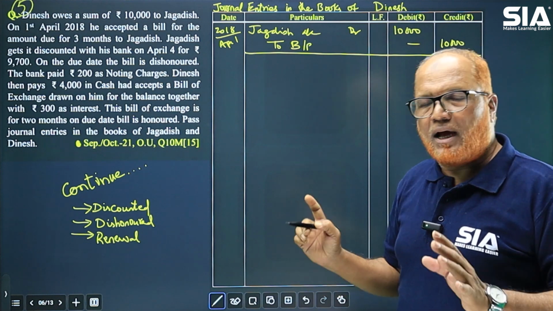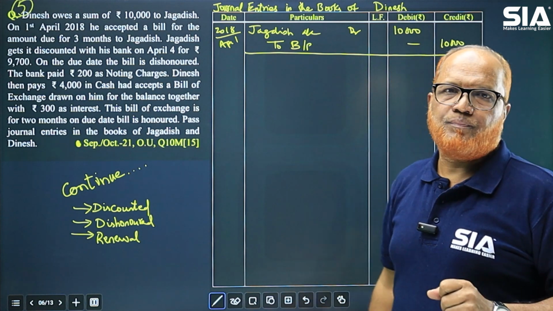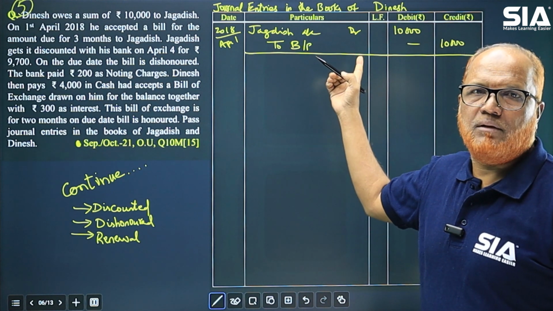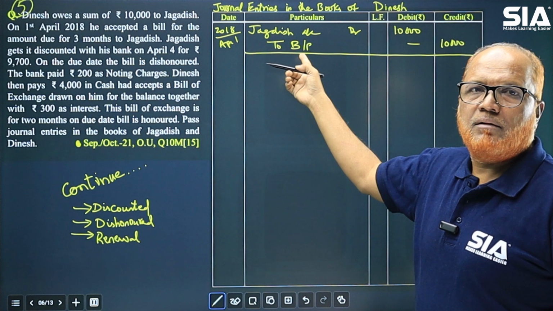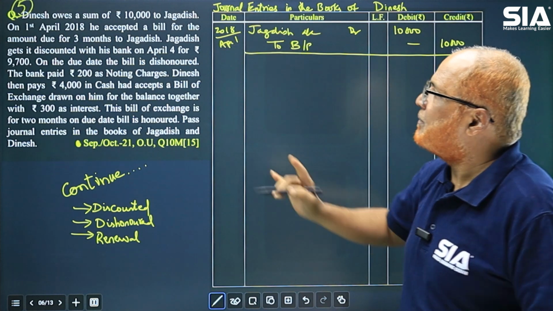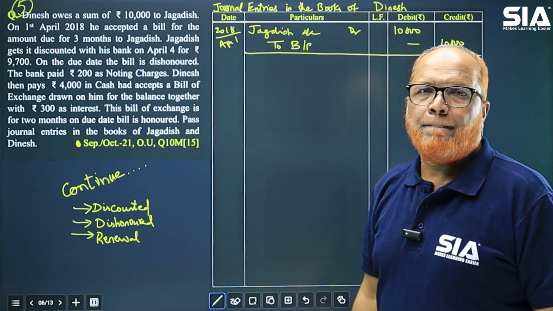This is the entry on acceptance. And one more thing, again and again I am repeating, bills receivable will come in the books of the drawer and bills payable will come in the books of the drawee. Bills payable will be credited. Bills receivable will be debited when the bill is drawn and accepted. Now, Jagdish discounted with his bank.